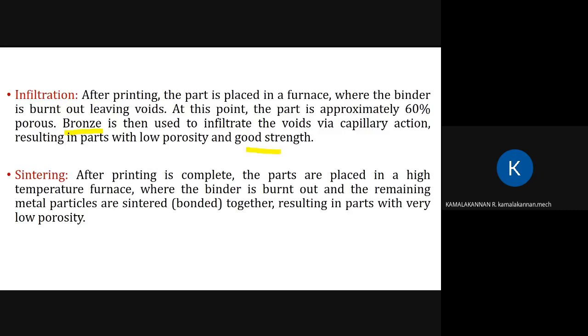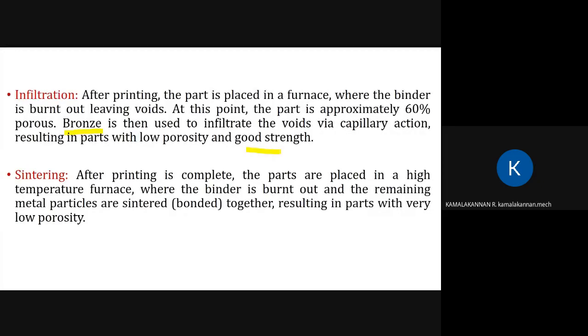You place it in the furnace, the binder will evaporate, and even after that you continue to heat, so that the material between the pores will stick together, and finally you will form a good material. Due to that, the porosity will be reduced. Here we are not going to use any secondary material, but in infiltration you are going to use a secondary material. That is the difference between infiltration and sintering.